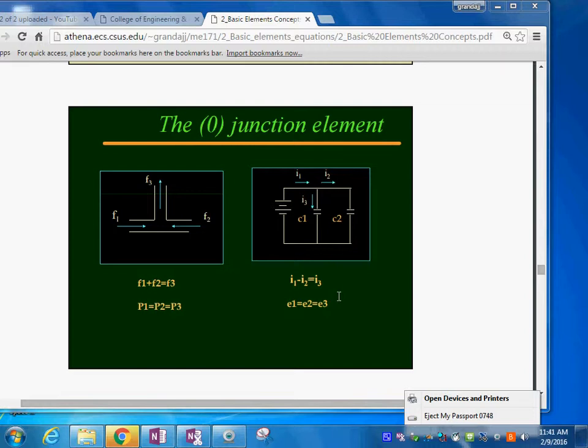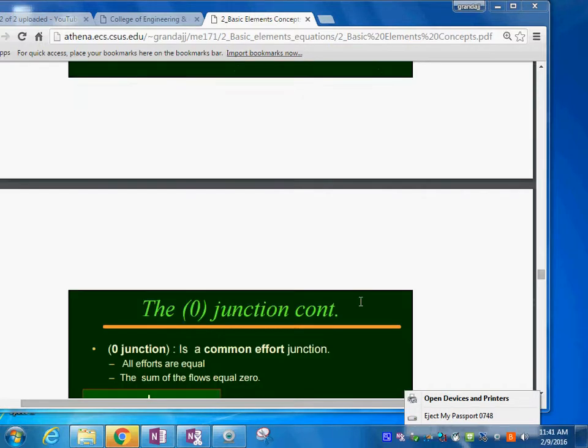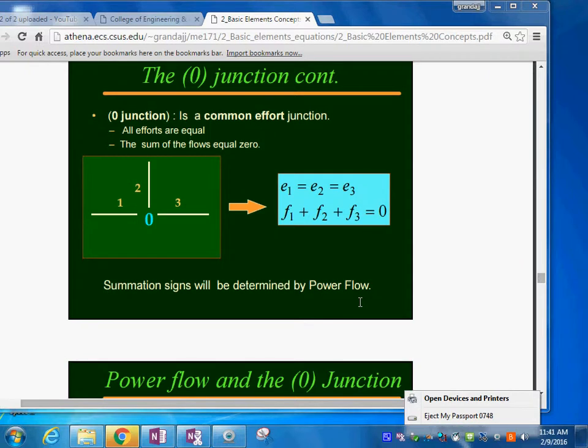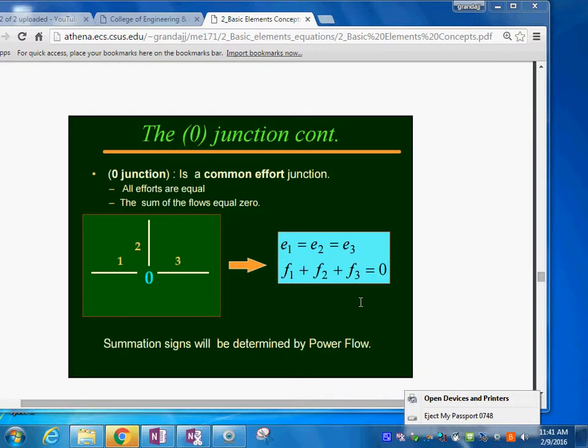Or this one. This is important, so when you're at home, try to go over this and see if you can redo it. It will help you tremendously. This is how you represent the zero junctions now with all the other bonds.